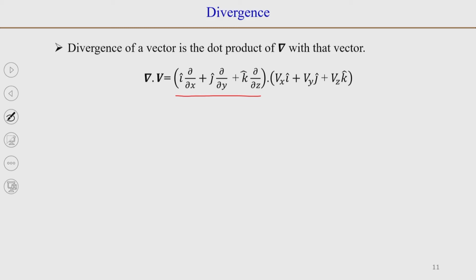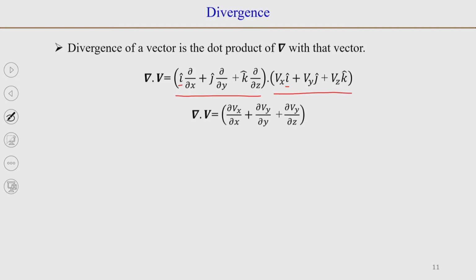We take its dot product with a vector v x i plus v y j plus v z k, and because it is a dot product, only the terms where the unit vectors multiply with themselves will be non-zero, other terms will become 0.